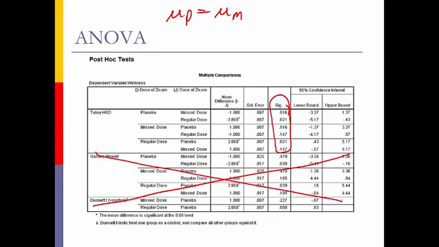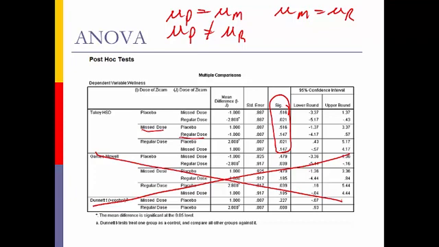The placebo versus the regular dose, there is a significant difference. So the placebo is not equal to the regular dose. And then we can compare the missed dose versus the regular dose, and those are essentially the same as well. So the mean of the missed dose is equal to the mean of the regular dose.